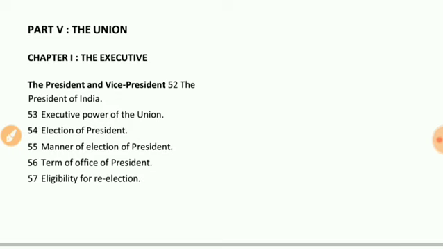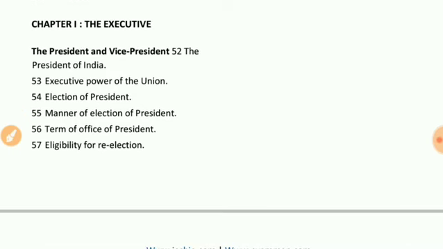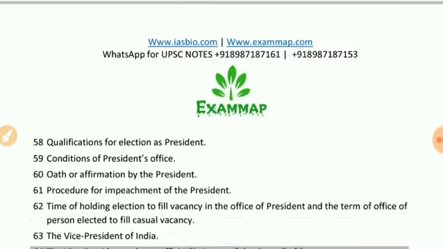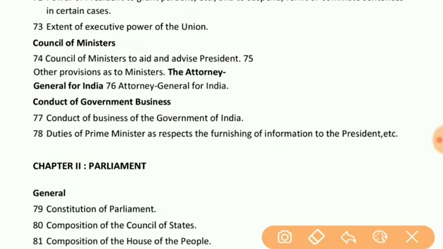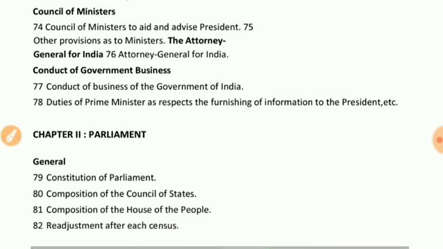In this part, first we have the executive. Under it we have the President and Vice President, then the Council of Ministers and the Attorney General of India. Then we have Chapter 2, under this part of the Union, the Parliament.